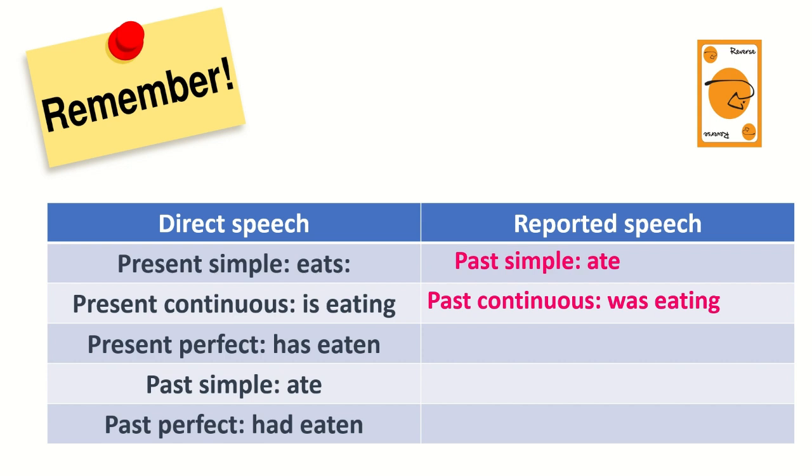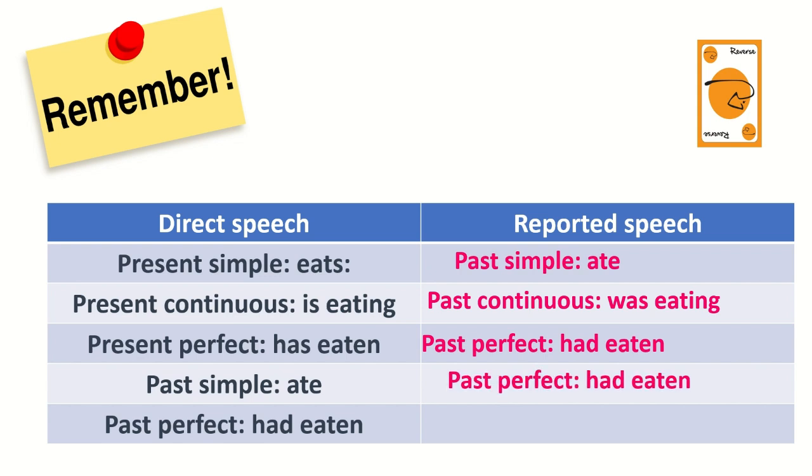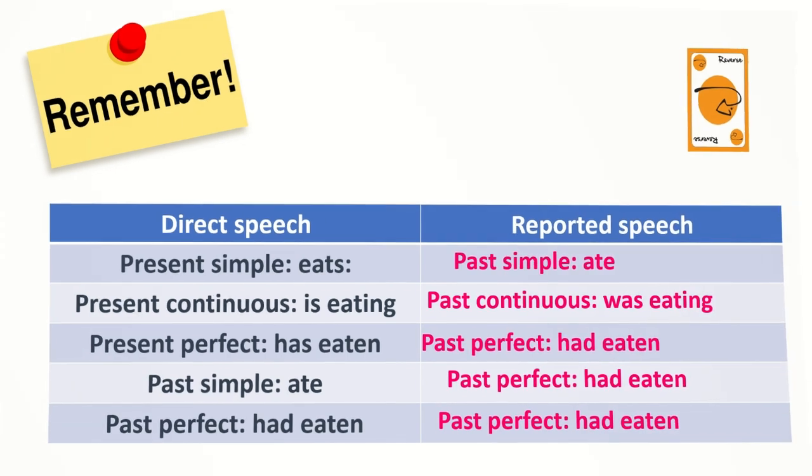Present perfect, has eaten, to past perfect, had eaten. Past simple, ate, to past perfect, had eaten. Past perfect, had eaten, stays the same, because past perfect is the past of the past. There's no action that happened before the past perfect.